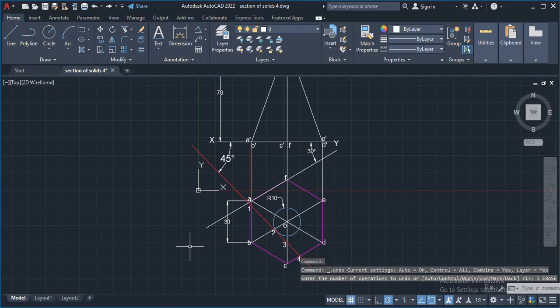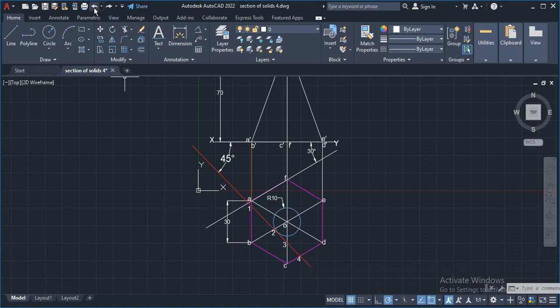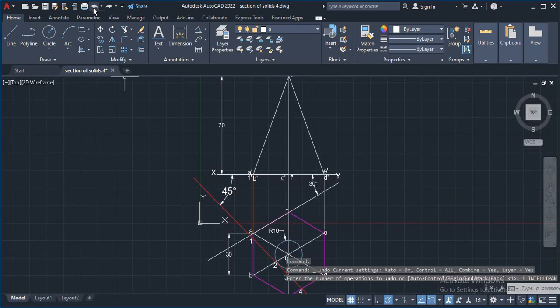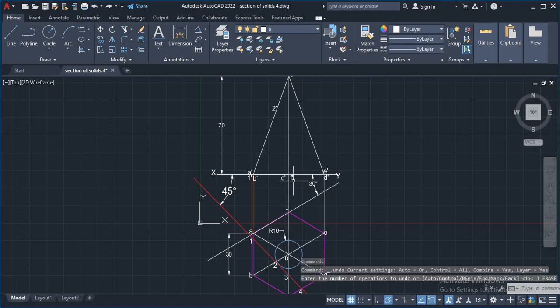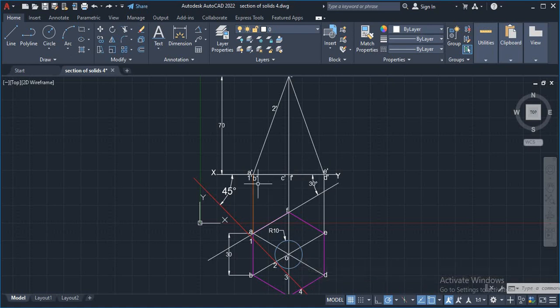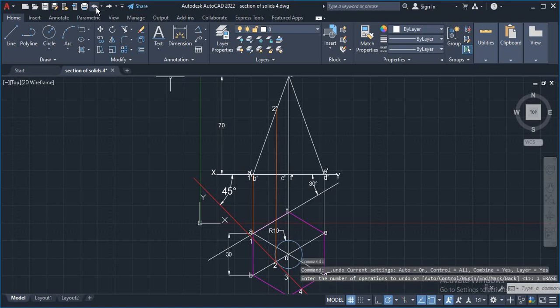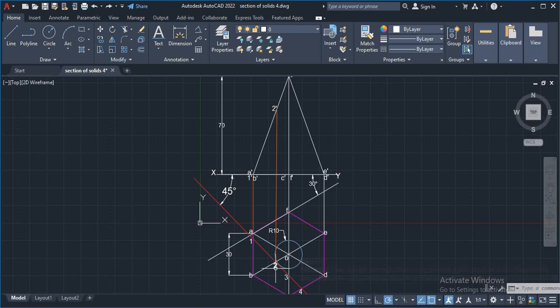To mark the points in the front view, draw projection lines from the point 1. It is vertical, so it comes with the projection line up to the XY line. Since it is on the face, we have to stop at the XY line for point number 1 dash. And point number 2 dash: it is cutting at the slant edge BO, so B dash O dash.